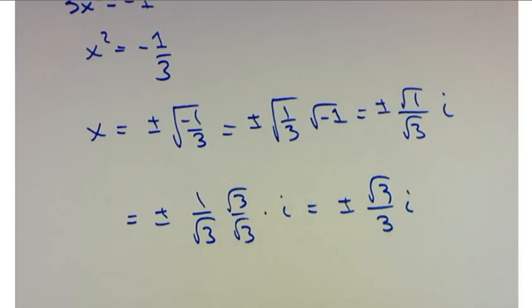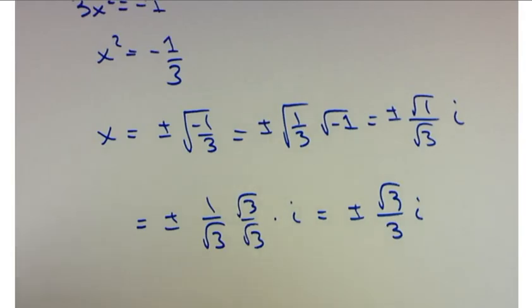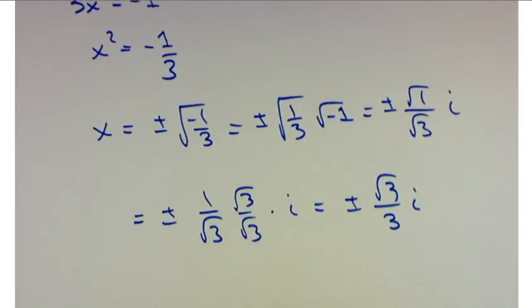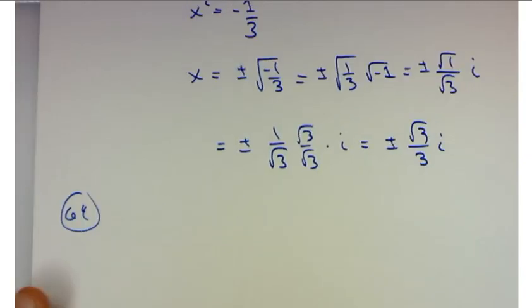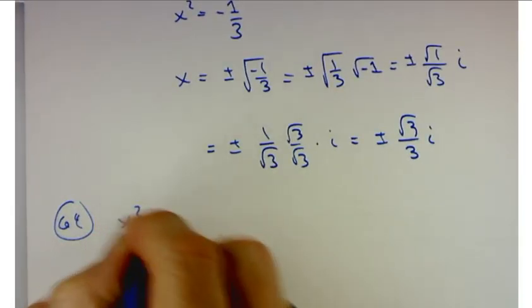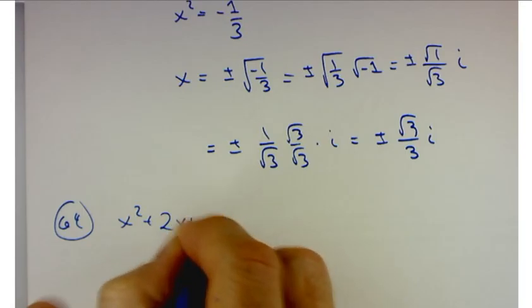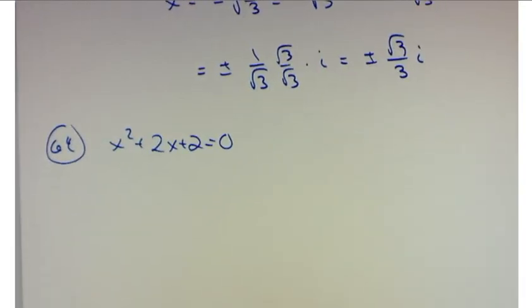Let's try some more here in terms of equations that result in complex solutions. And this is something you can reasonably expect on an exam. We've got x squared plus 2x plus 2 equals 0. What kind of equation is this? It's a quadratic equation.